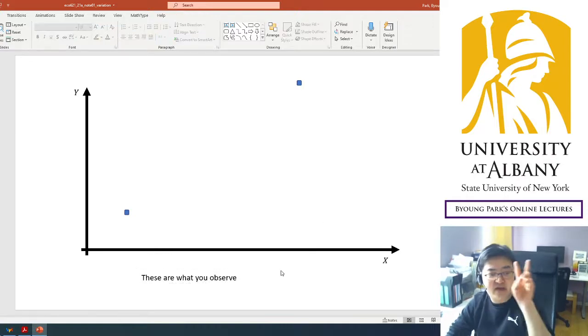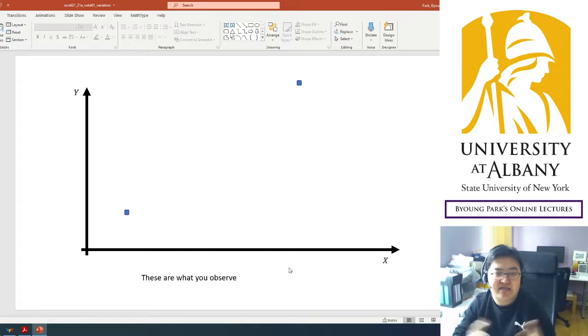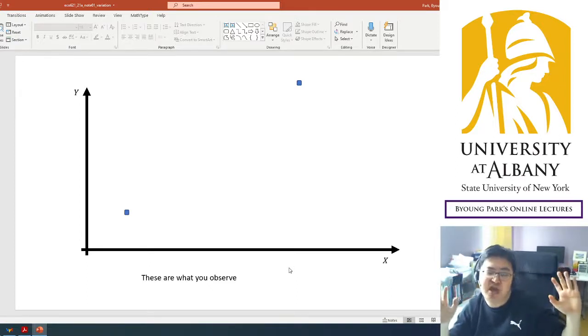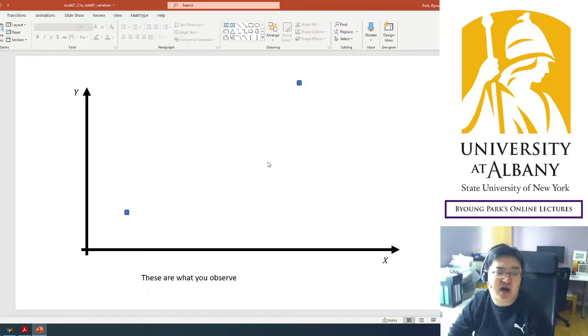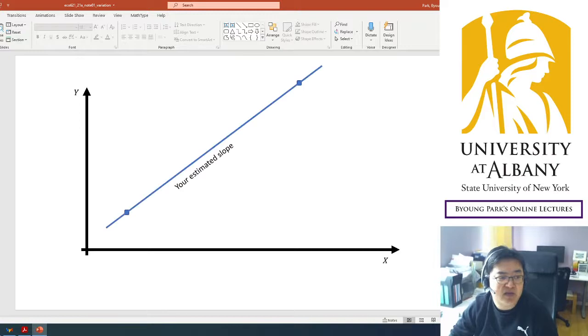So you only have two observations. That's it. Of course, you don't know where the true line is, or how big the errors are. So these are all you have. But still that's fine, because you can estimate a line going through these two points, right? So this is what you are doing basically, the simplest possible concept.